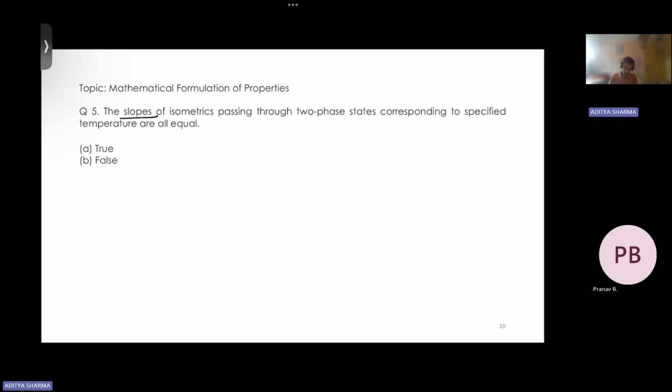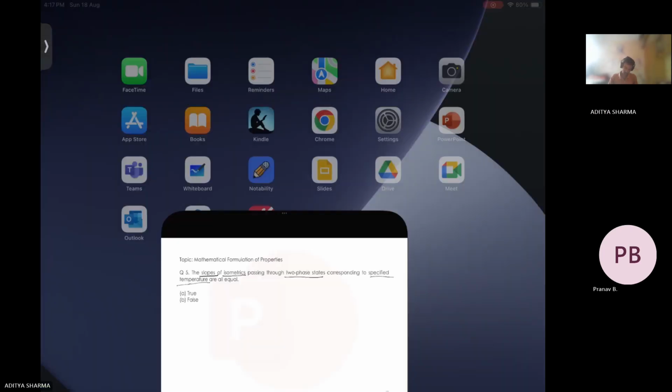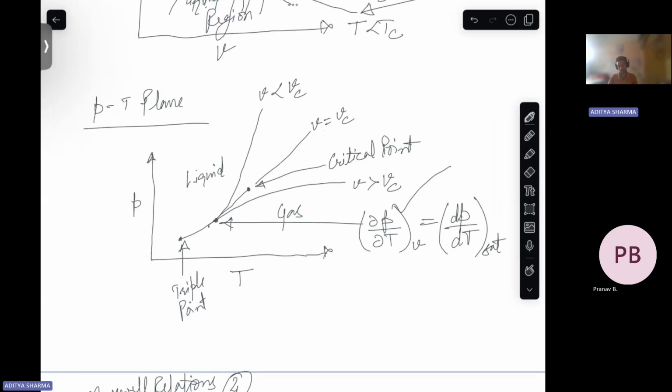So first question talks about slopes in isometrics corresponding to specified temperatures. So if you see this diagram, okay, so in this, let's say we have this point A here, right, where liquid and gas phases are coexisting.